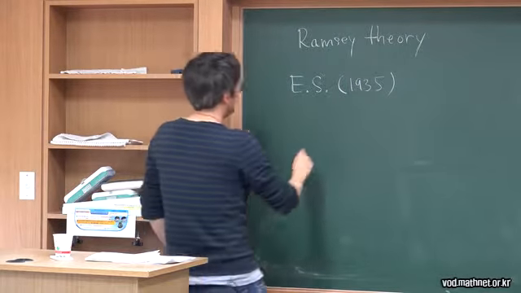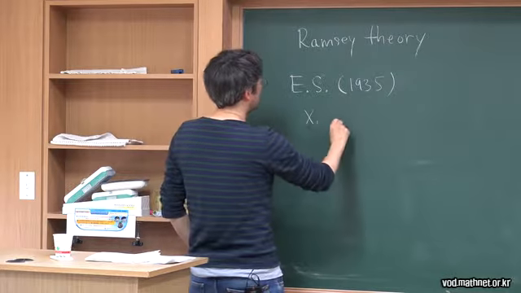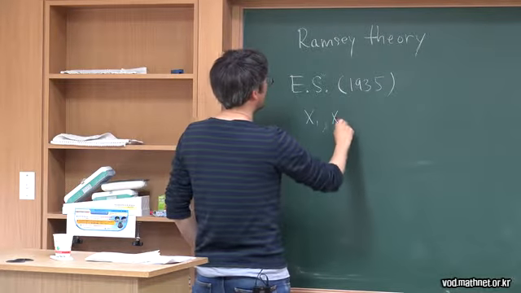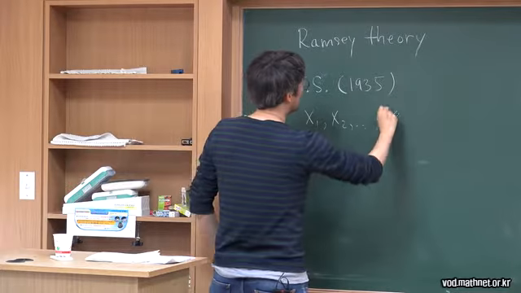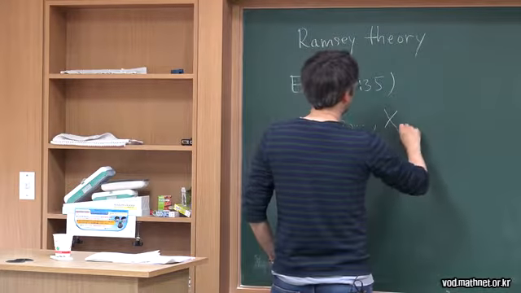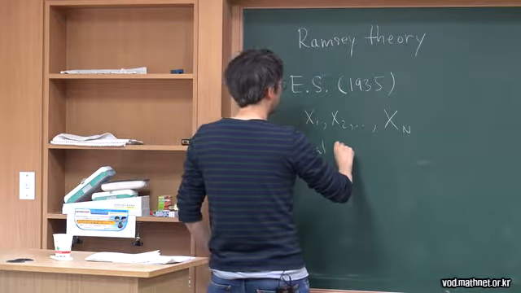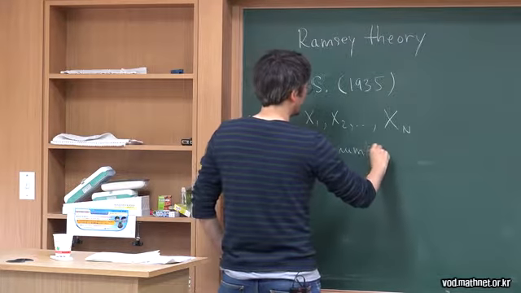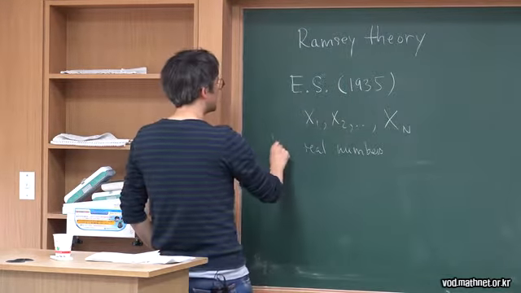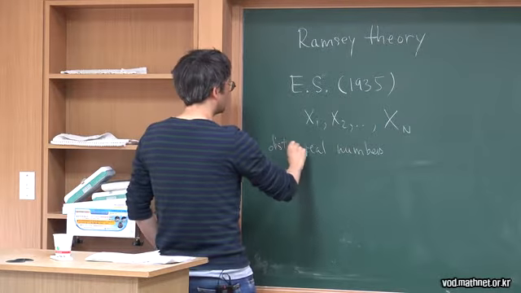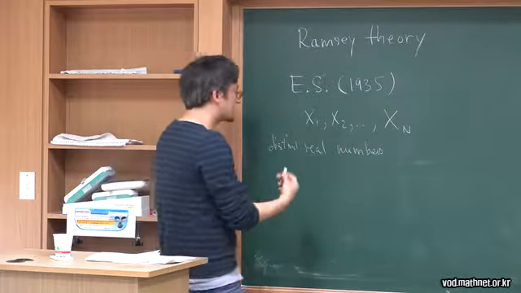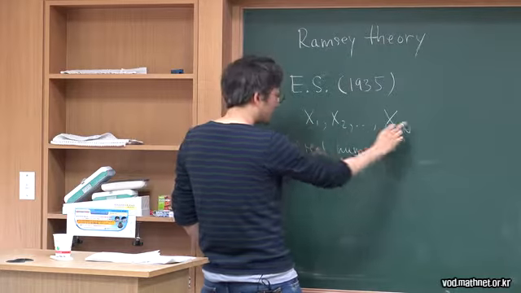It says that if you take a sequence, let's say x1, x2, up to xn, these are real numbers, let's even say distinct, then there exists a subsequence. This is really an ordered sequence of numbers.